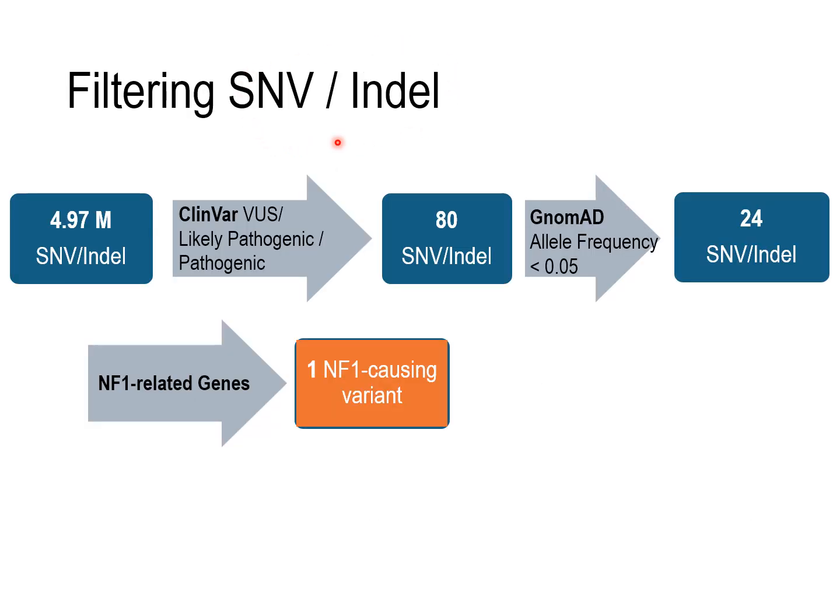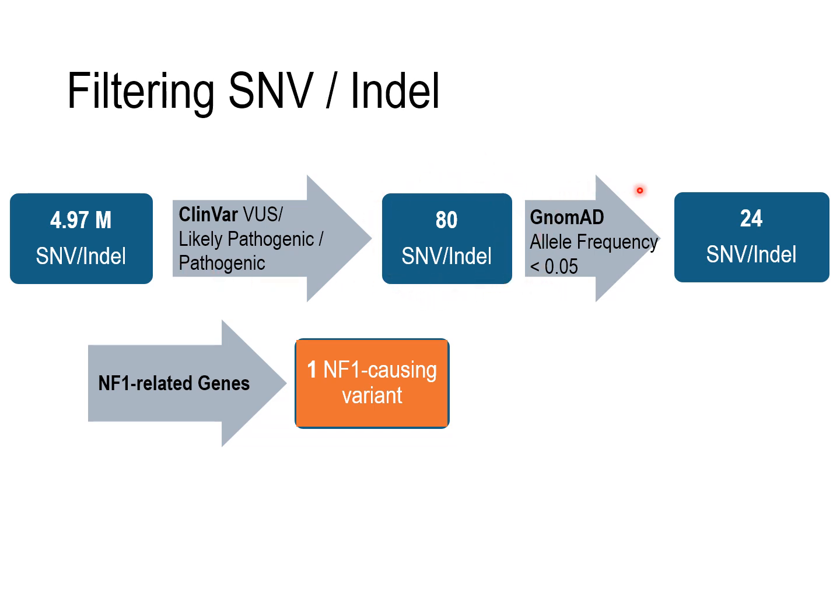Next part is SMV, or indirect filtering process. We started with nearly 5 million variants and applied the three sequential filters. First, using ClinVar annotations, we identified variants classified as VUS, or variants of uncertain significance, likely pathogenic or pathogenic, which reduced our candidates to 80 variants.